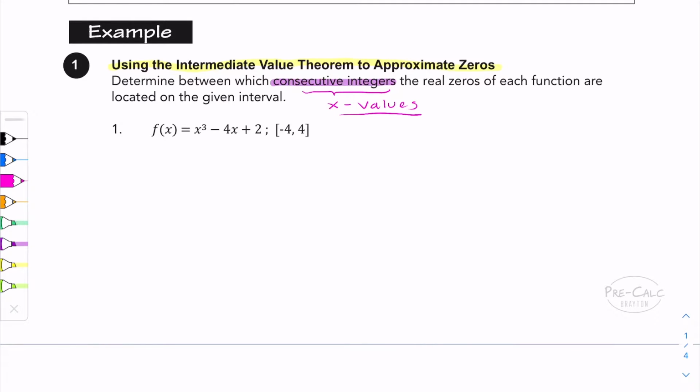So our function is f of x equals x cubed minus 4x plus 2. And this is the interval that we're testing. So we want to know on that interval, between those two values, where does the graph cross the x-axis, or where are the real zeros?